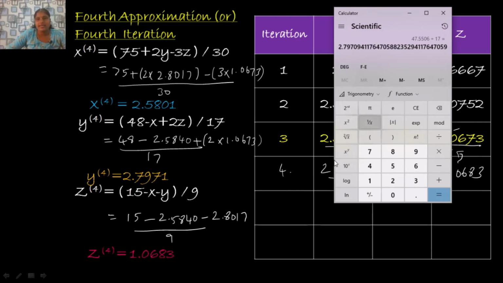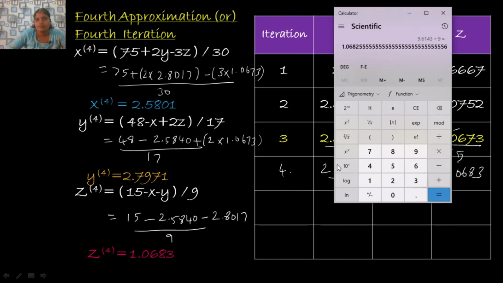Next we calculate for z, that is 15 minus 2.5840 minus 2.8017, which equals 9.6143, and you divide this by 9.